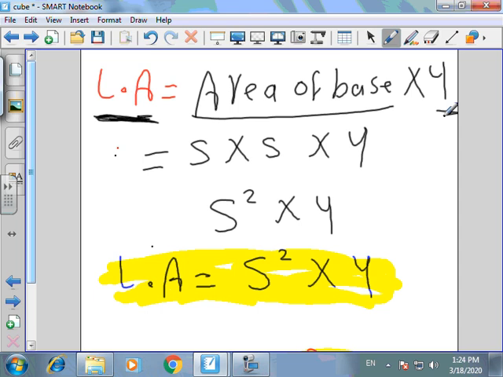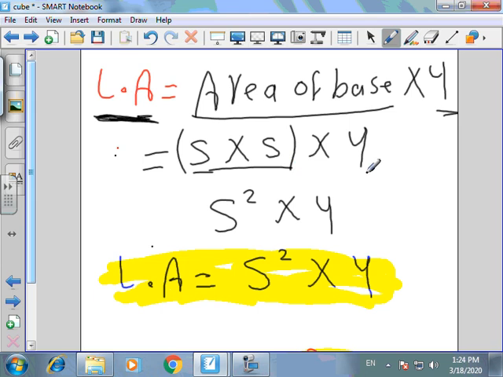So how can we get the area of one face, or one wall, or one base? As we know, each wall or each face is a square shape. So what is the area of the square? Yes, excellent, side times side. And then after this, we multiply it by 4.